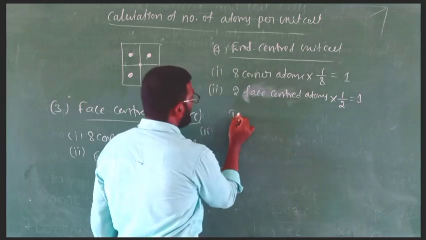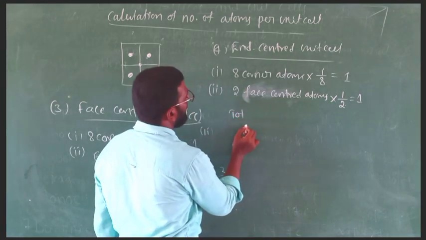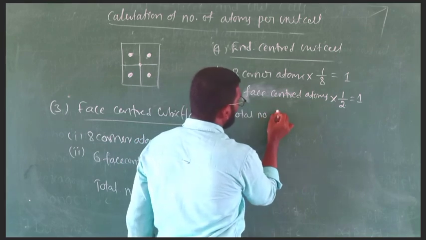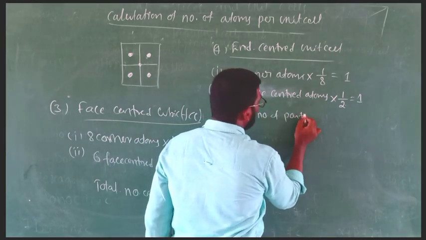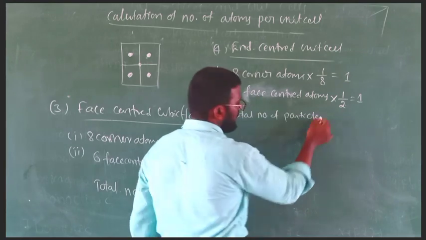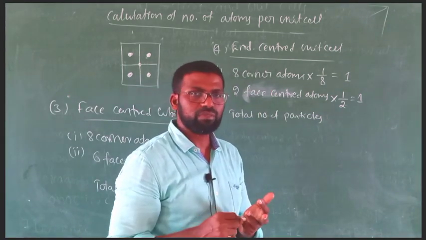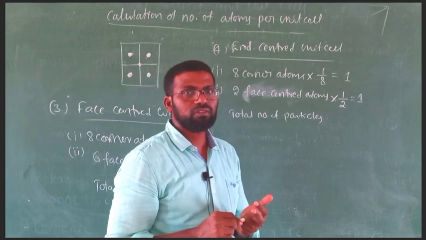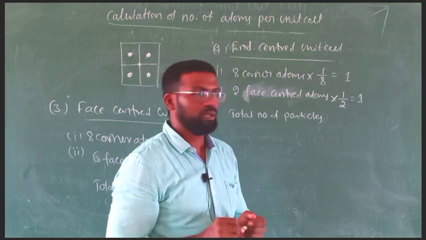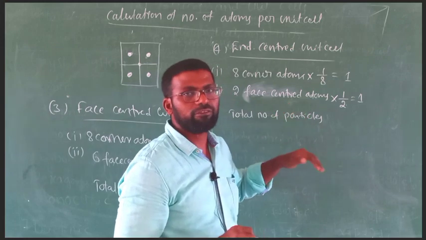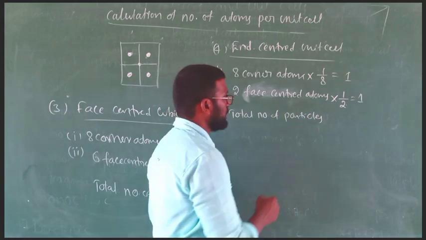Now the total number of particles, you can write atoms. Here particles means it may be atoms, molecules, ions. Particles is a general word which can be applied to any type of crystal. Right.